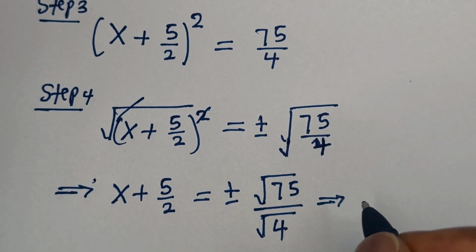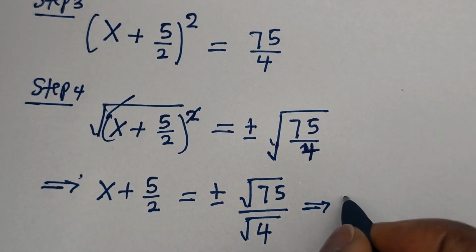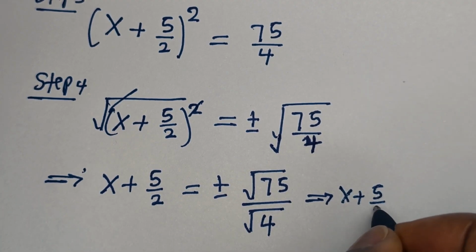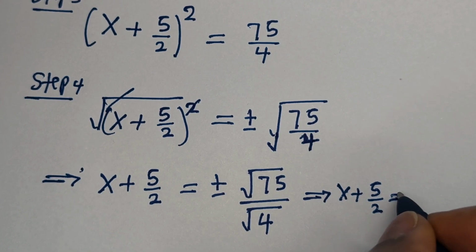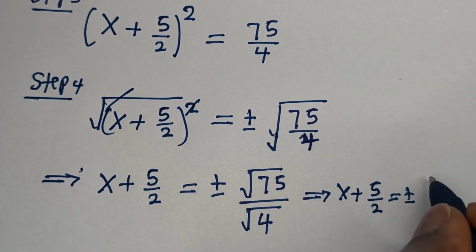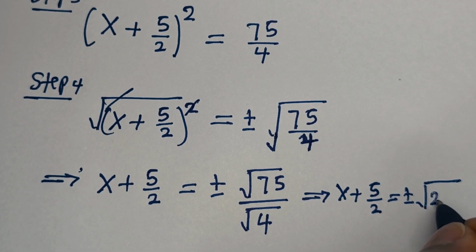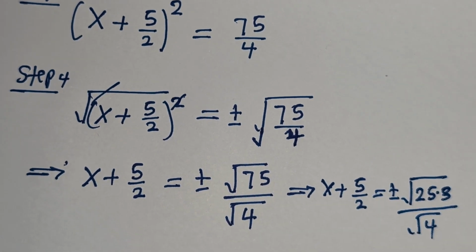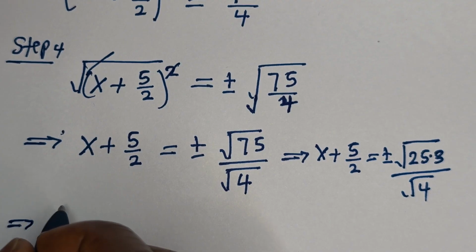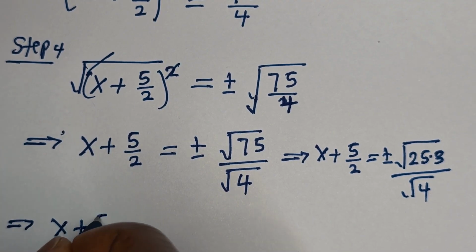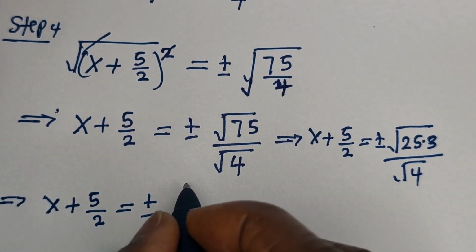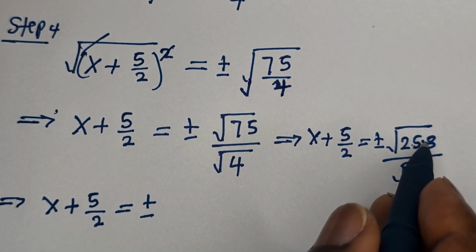And this is the same thing as x plus 5 over 2 is equal to plus or minus square root of 75, which can be written as square root of 25 multiplied by 3, over square root of 4. Then this is x plus 5 over 2 is equal to plus or minus square root of 25 multiplied by 3.